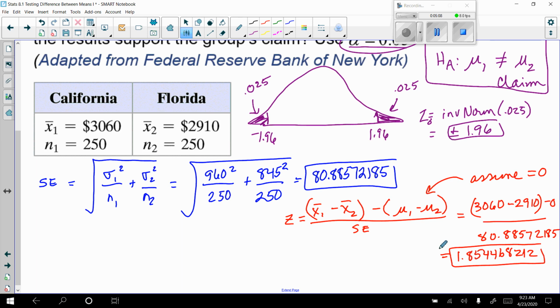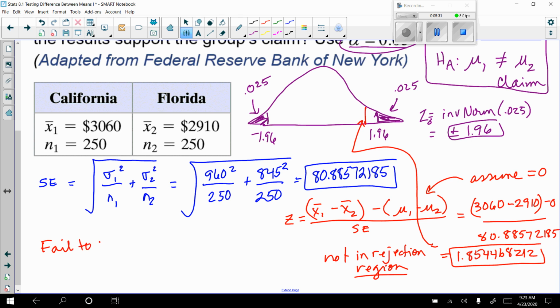That's the value that we want to compare up here, and that value is not going to be in the rejection region. That means that we fail to reject H naught.